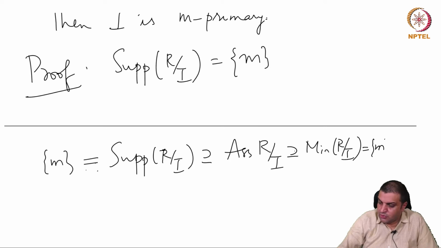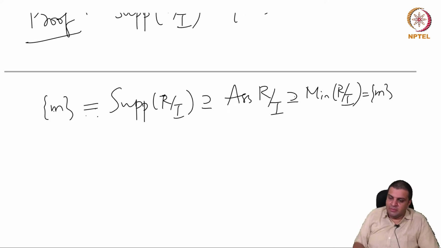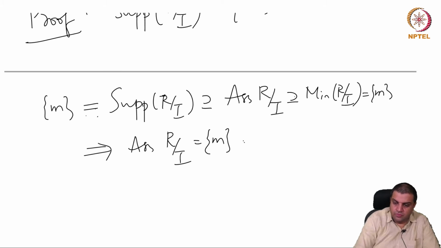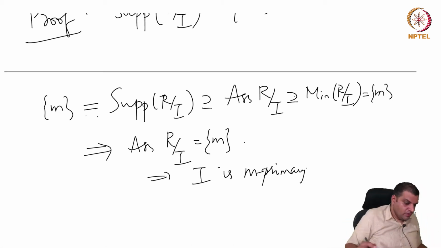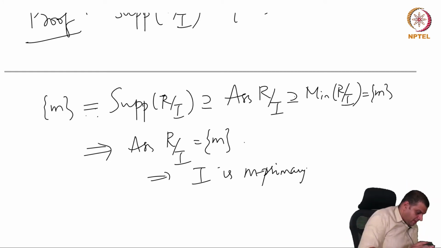This is also equal to M, because it is a singleton, so that is the unique minimal element, and all of these are equal. And that says that I is M-primary. Okay, so these are some general remarks about primary ideals.